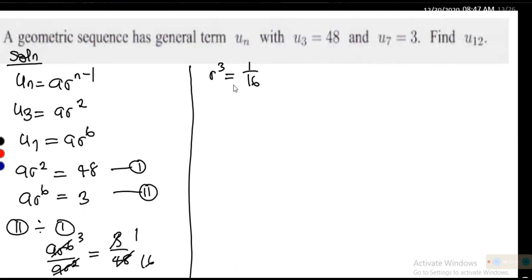So r equals the cube root of 1/16, which does not exist neatly. So then u12 will be ar raised to power 12 minus 1, 11. Okay, so that will give us a. We've not gotten a.